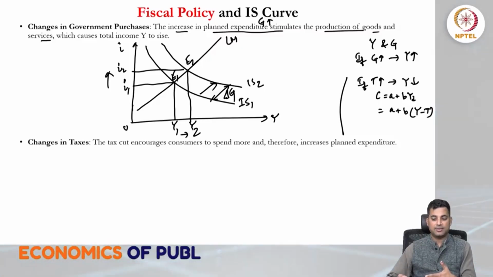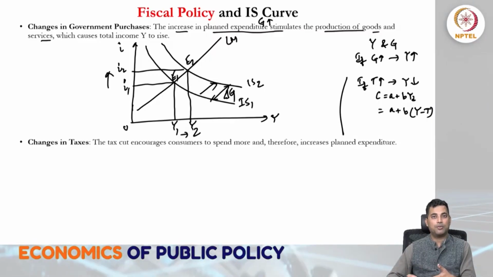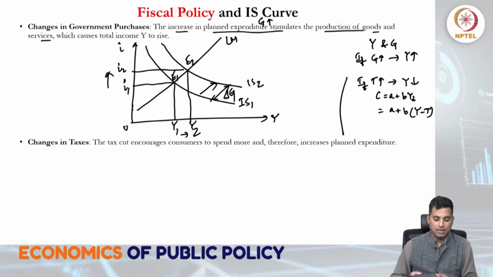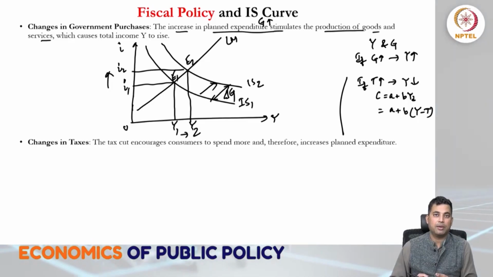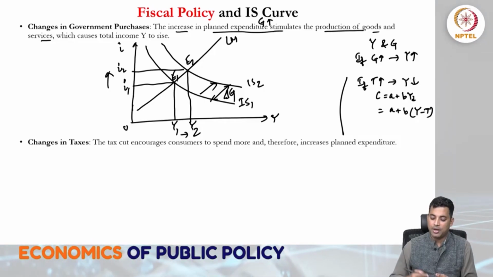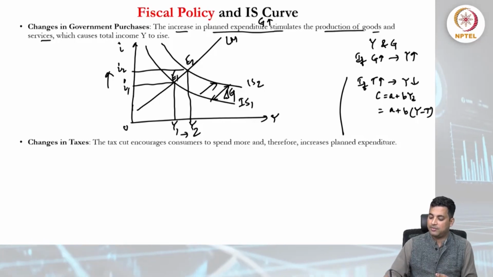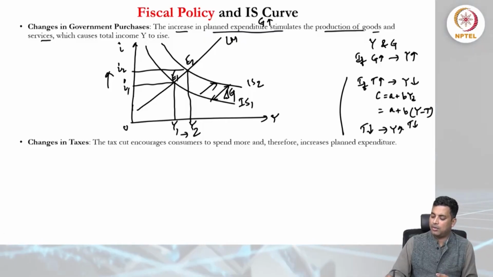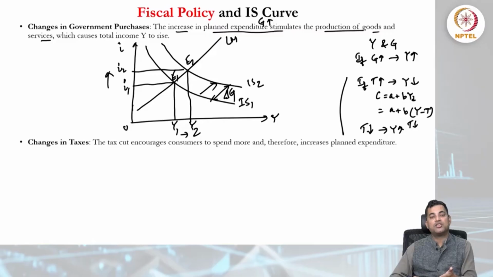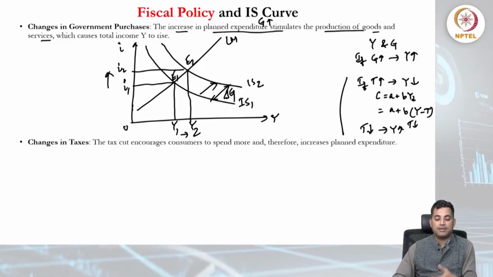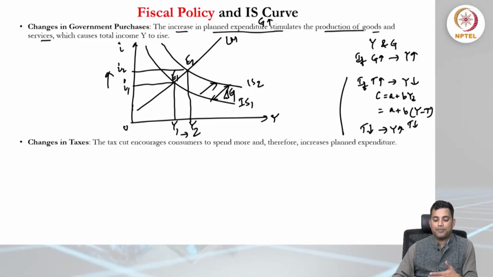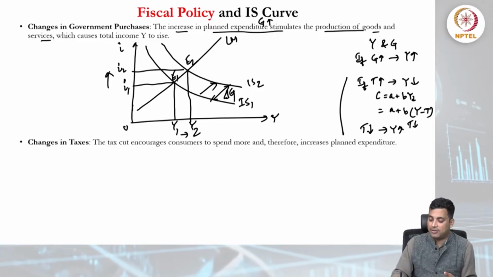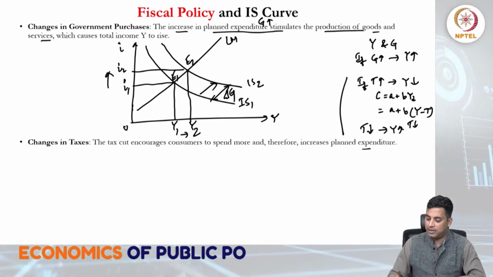So if tax increases, consumption falls, and this reflects in the output, which will be reduced. If tax reduces, if T is less, then Y will be more. So when we talk about expansionary fiscal policy in this case, we are talking about a tax cut, which encourages consumers to spend more and therefore increases planned expenditure, which is output, right?